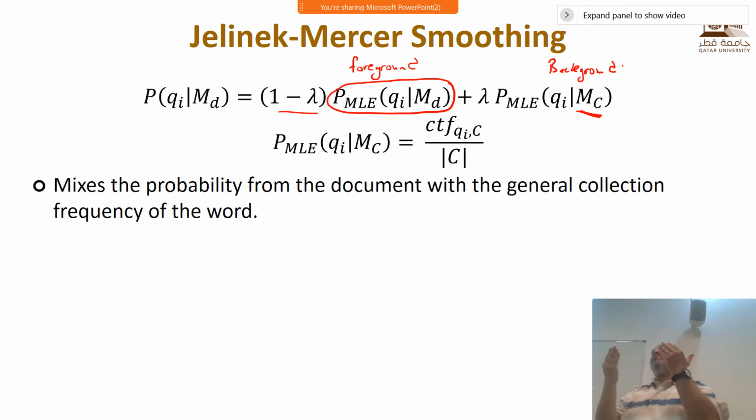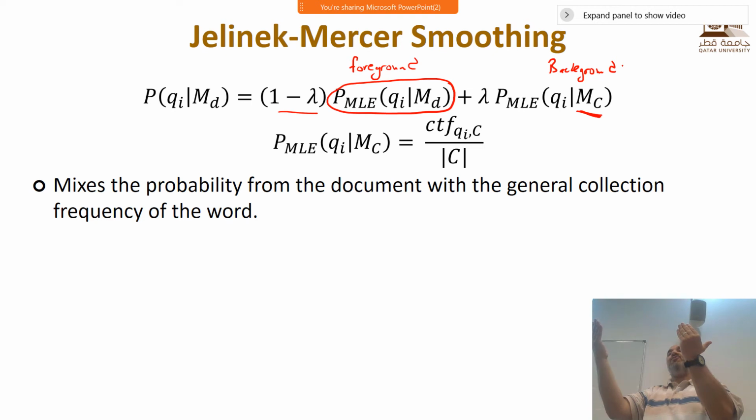There are two models here: a model for the document, and a model for the entire collection. The words that appear in the document, the seen words, get their probability as a mixture of both: 1 minus lambda from the document, lambda from the collection.